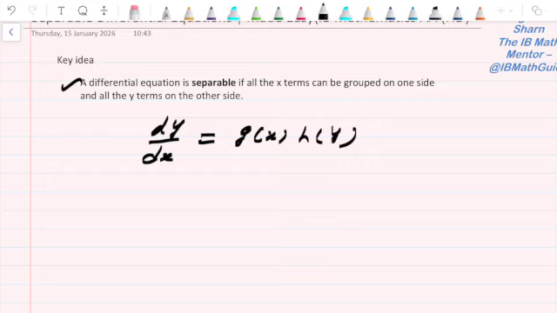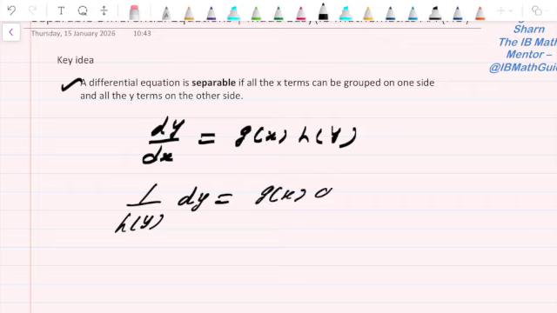So we can separate the two variables x and y: 1 over h of y with respect to y is equal to g of x with respect to x, after separation.